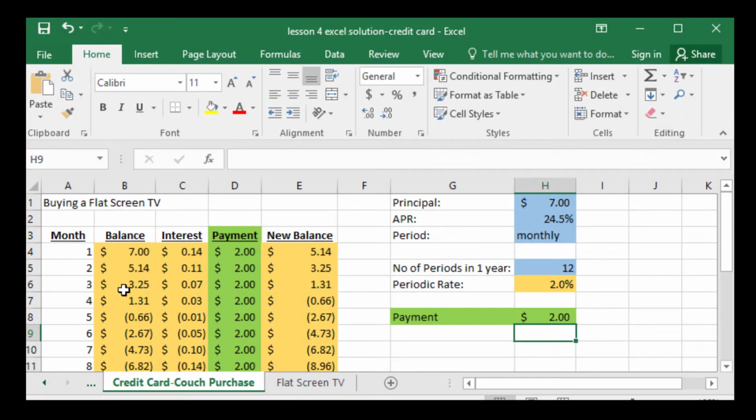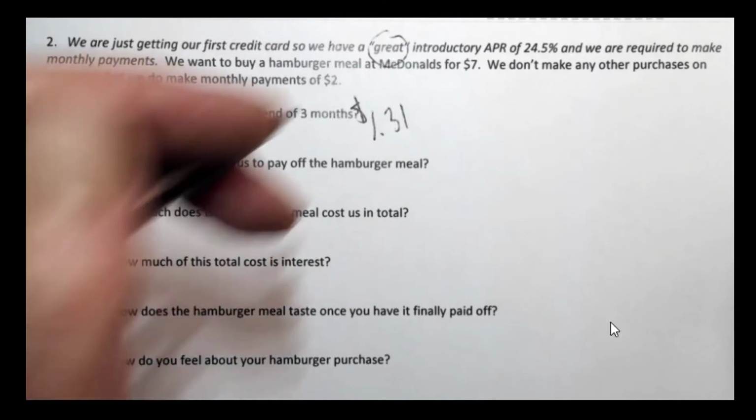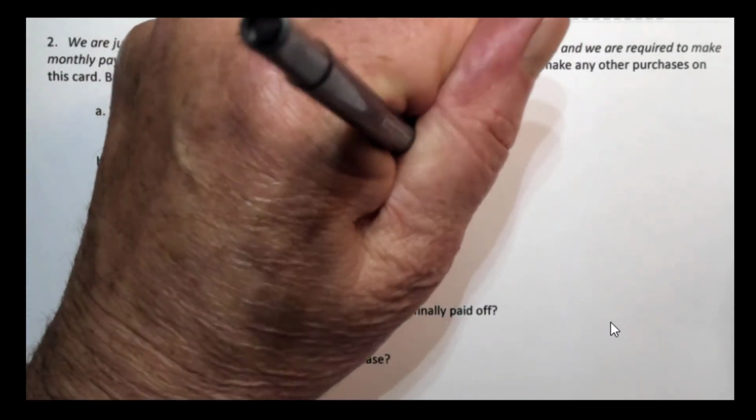Well, let's look here. It's not paid off after the 3rd month, but it is paid off after the 4th month. So the answer to that is going to be 4 months. So that's going to go here, 4 months.